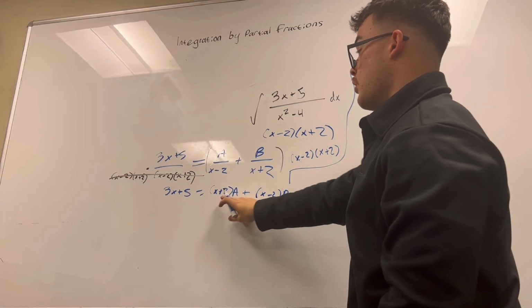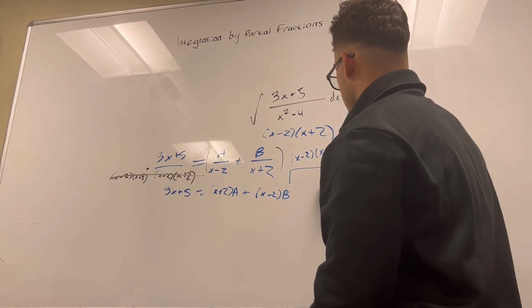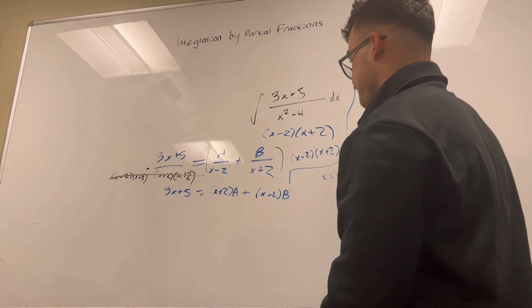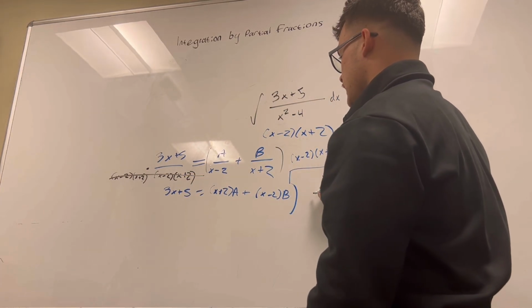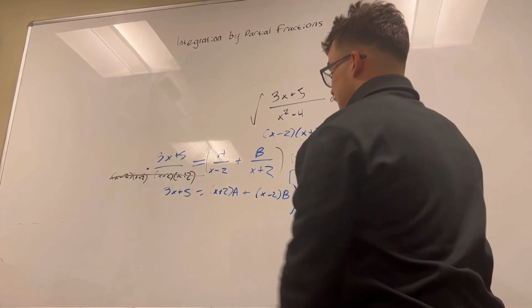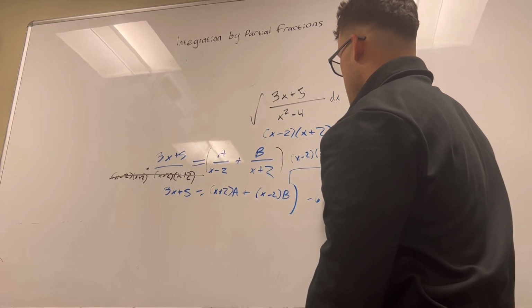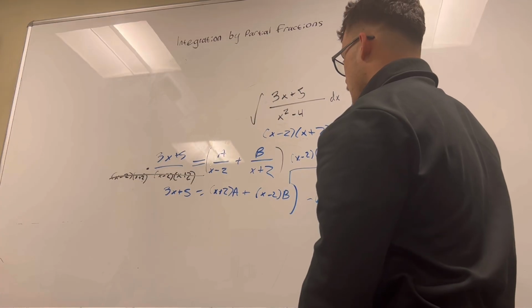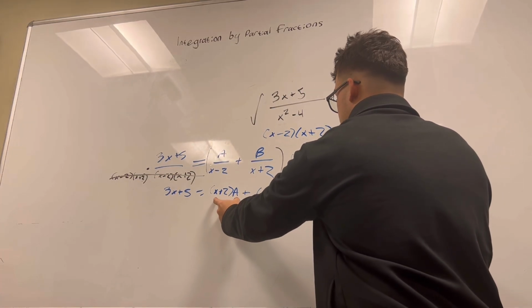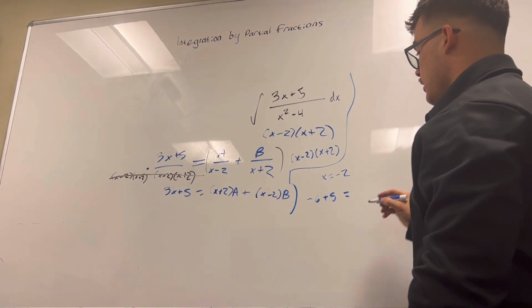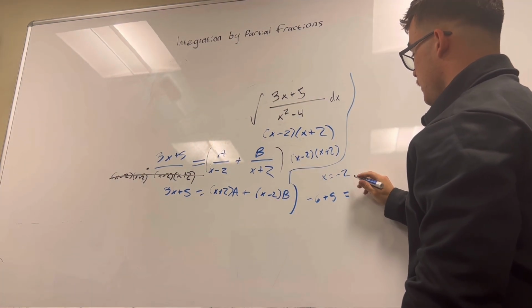So we're going to use x equals -2. On the left side, it's going to equal 3 times -2, which is -6, plus 5. That's going to equal, we know this is just going to cancel, so we don't even have to write this, but I'll write it out just so you have an understanding.